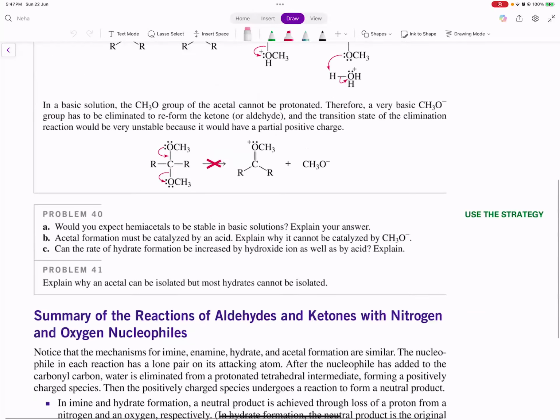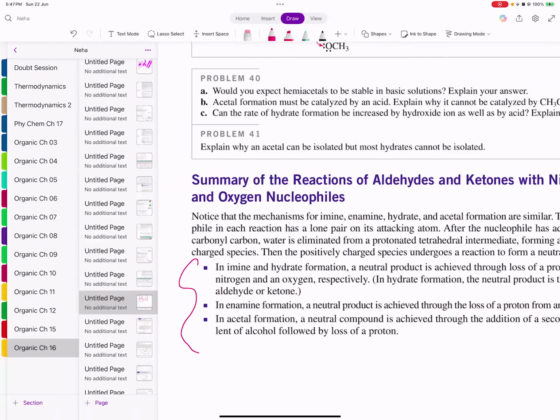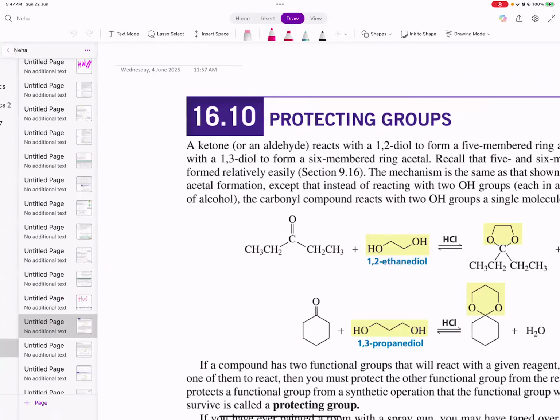You can do this as a homework, although it is solved only. Okay, and summary of the reactions. This is a summary of the reaction. Whenever we have oxygen and nitrogen nucleophile, we are focused on taking out the water.